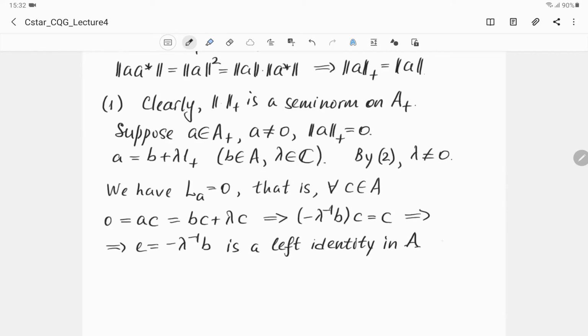But now let's recall that A has an involution. And since E is a left identity, it easily follows that E star is a right identity. And it's a simple algebraic exercise to show that if some algebra has both left identity and right identity, then it is unital.